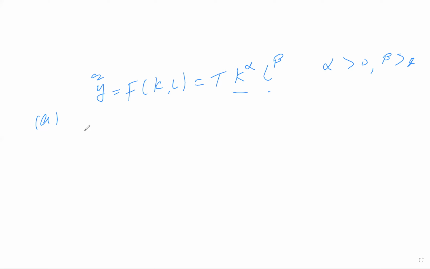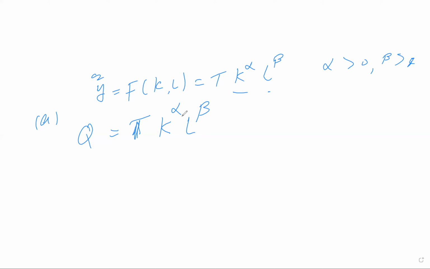So this function could be written as Q is equal to A, or here T, K to the power of alpha and L to the power of beta, where Q is the output and K and L are capital and labor respectively.